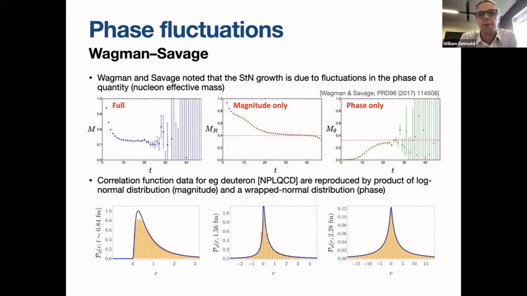And if you look at the magnitude, you see that this is very well determined, even to late times. However, it asymptotes to a value that is not the proton mass in this case. The phase contribution is okay. It's well behaved for early times, but then you see that the uncertainties are blowing up, and they're blowing up exponentially, just like the whole correlation function is. So the whole growth of noise is really confined to the fluctuations of the phase.